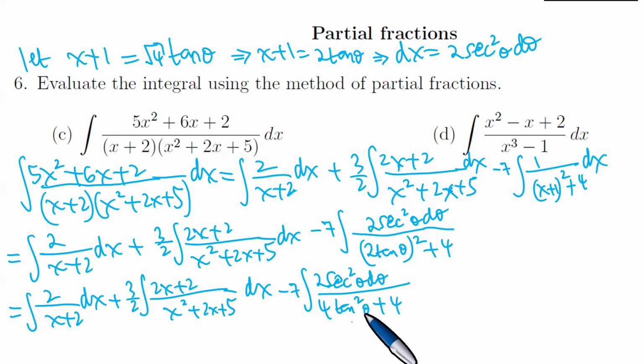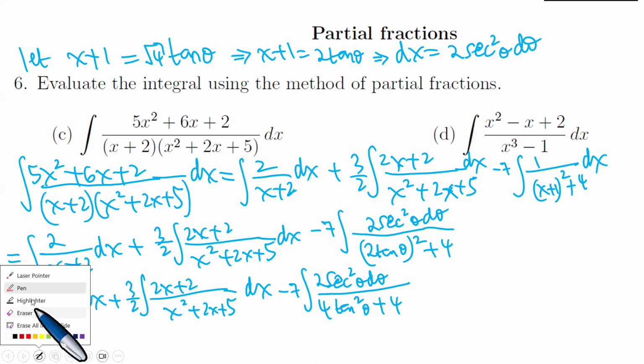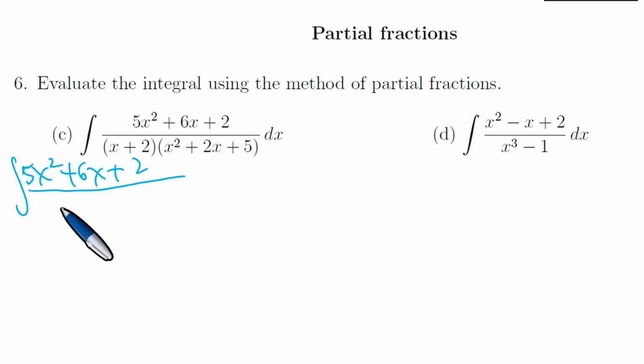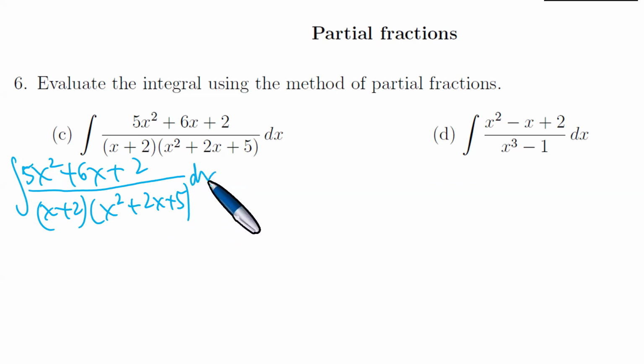So the 4, you can pull out, and then obviously we have the tan squared. We continue with the integration process of x squared plus 2x plus 5 dx.